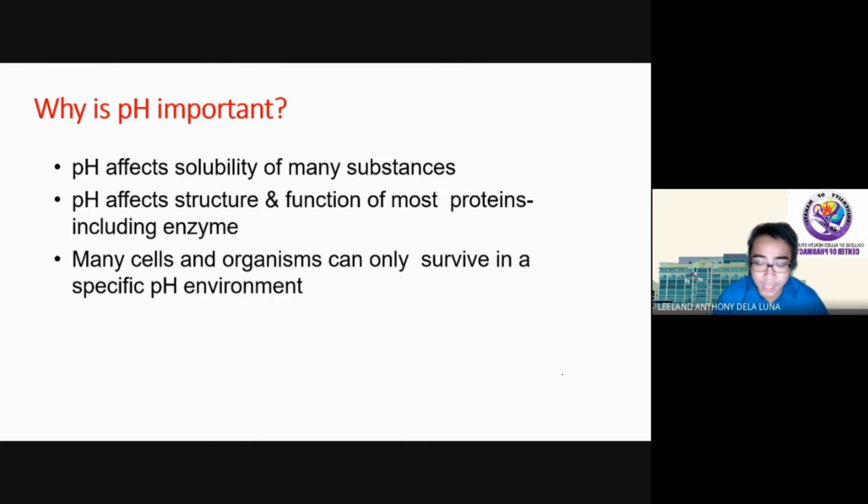And many cells and organisms can only survive in a specific pH environment. A good example of this class would be bacteria. Did you know, class, that majority of the bacteria in the genitalia exists in a basic environment? Kaya tingnan nyo, class, pag ang babae na alter ang pH ng kanilang vagina, nagiging more prone sila to yeast infections or any infections for that matter. Kaya tingnan nyo, ano yung feminine wash natin?